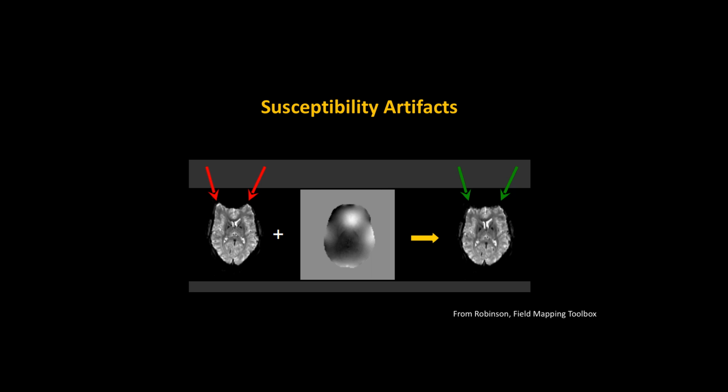So if you have that, you can do something called unwarping, which conceptually just applies the reverse of this to the data, and then theoretically you should be able to recover that signal in those areas where it was lost. Works pretty well. I've had pretty good success with it. Again, it only takes a couple minutes, at least when I was scanning. I'm assuming it's probably the same here. So I strongly recommend including that in the protocol.